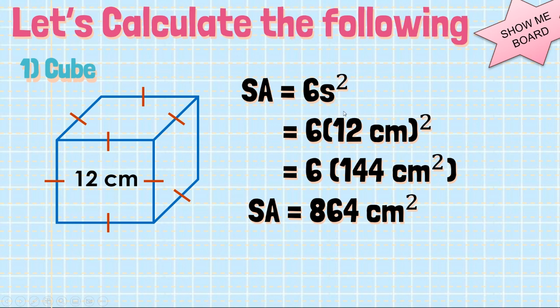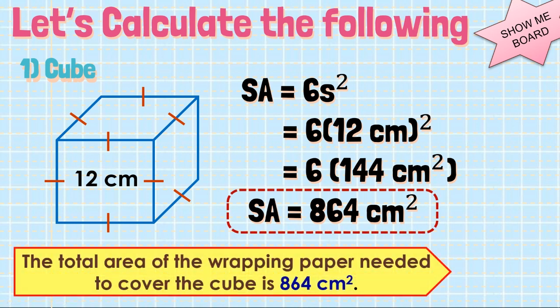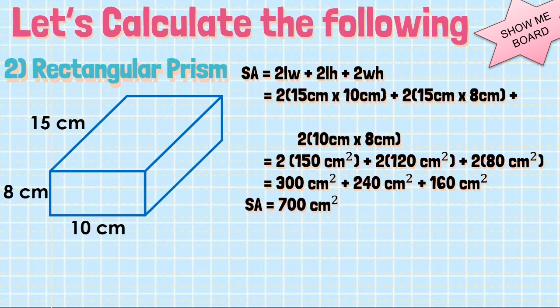So 12 is the value of the side of the cube. So 12 times 12, the answer is 144 multiplied by 6. Therefore, the answer is 864 square centimeter. So this would be the area of the cube. Okay, very good. Now, we have the total area of the wrapping paper needed is 864.